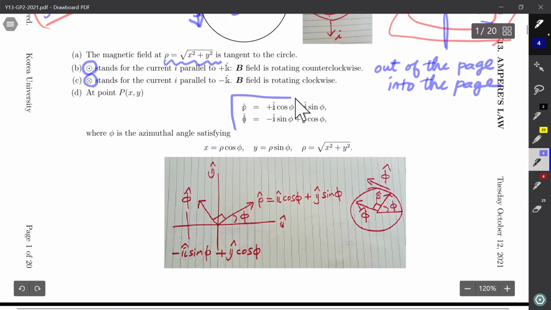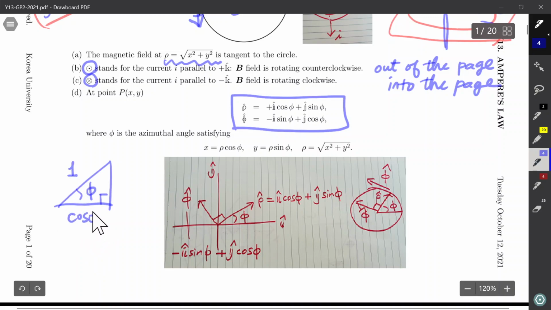There are two unit vectors. There is a right triangle with angle phi and radius 1. Then it's cosine phi and sine phi.